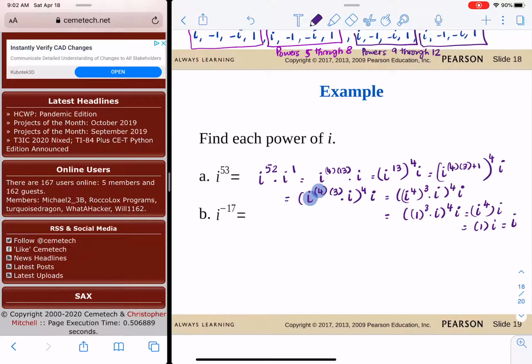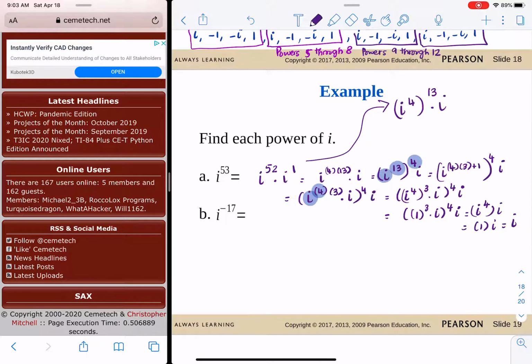You may say, well, that is quite long. Well, it is long because I tried to simplify it in extremely lower terms of i raised 4. Could I have done it a different way? At the very first step, I could have realized that instead of writing i raised 52 as i raised 13 raised 4, I could have written it as i raised 4 raised 13 times i.